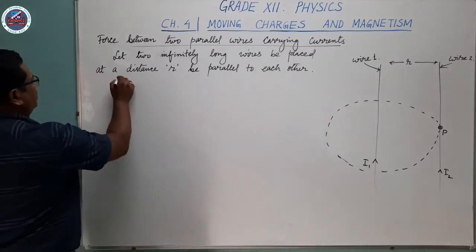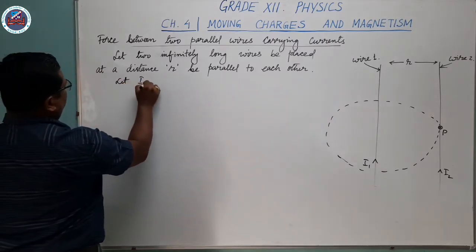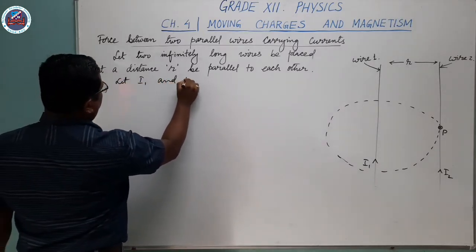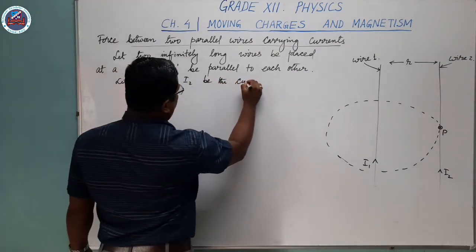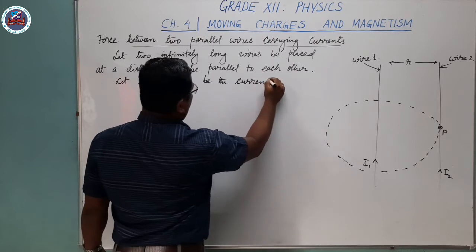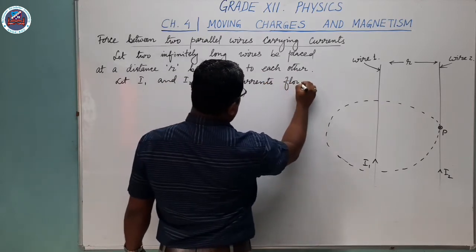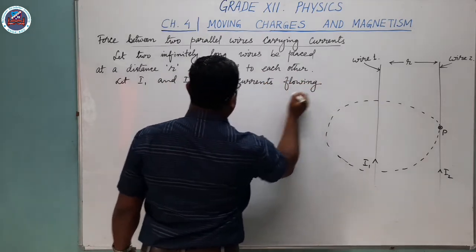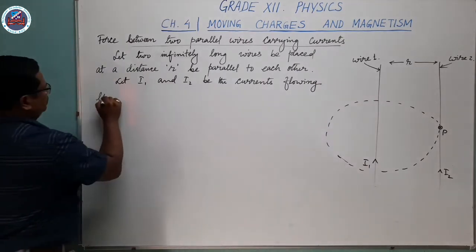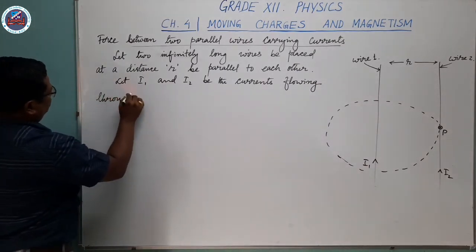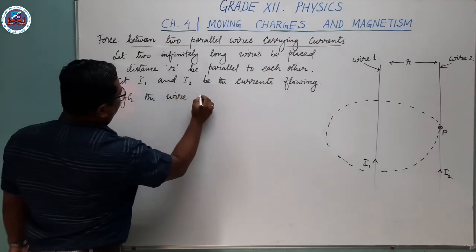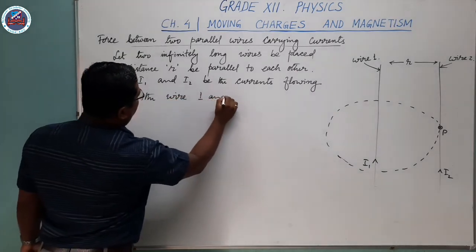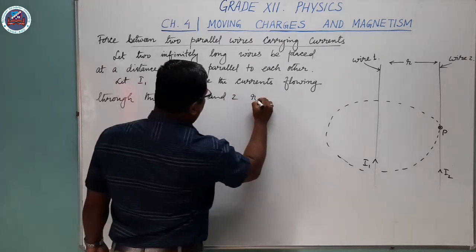Let I1 and I2 be the currents flowing through wire 1 and 2 respectively.